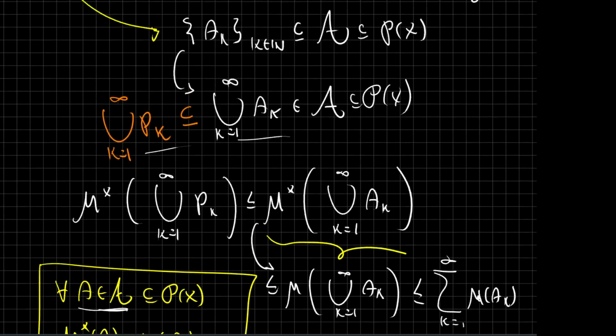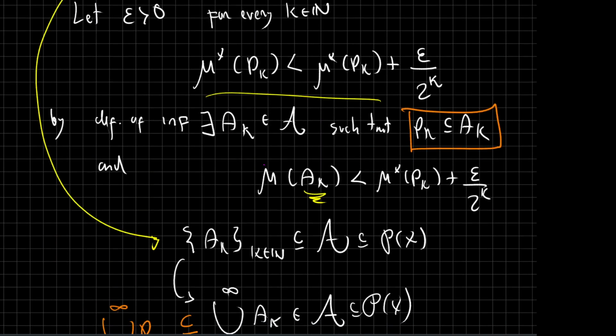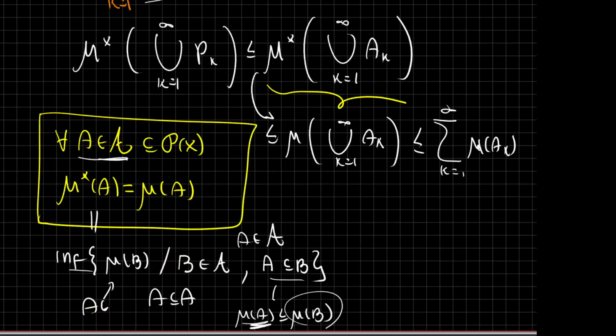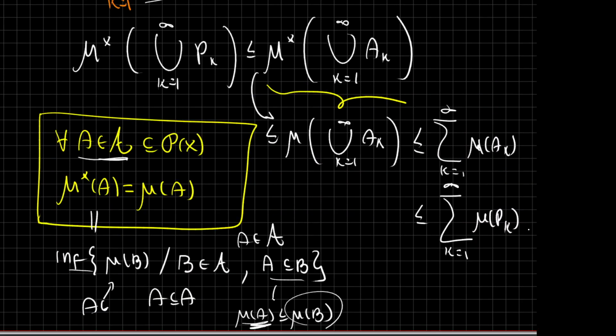But we were working under the assumption that every one of those is less than this thing here, right? So this also has an upper bound, and we get our mu star of P_k that we wanted, plus epsilon divided by 2^k.